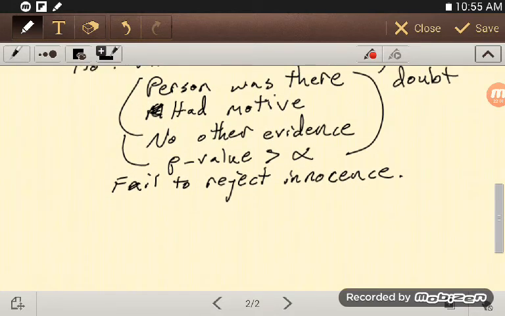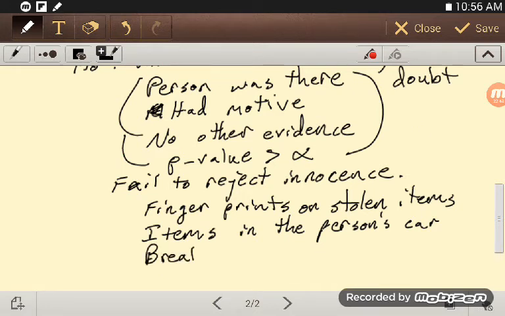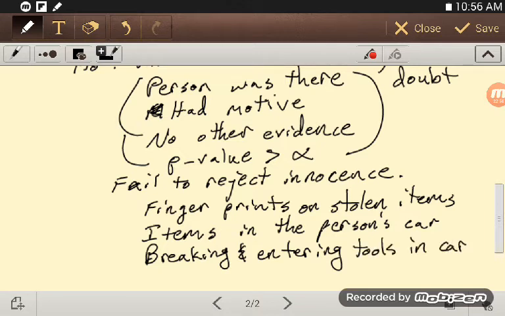But what could reduce that p-value? Well, in addition to the person being there and having motive, they found fingerprints on stolen items, items in the person's car, and they had breaking and entering tools in the car, and I don't know what else you might have.